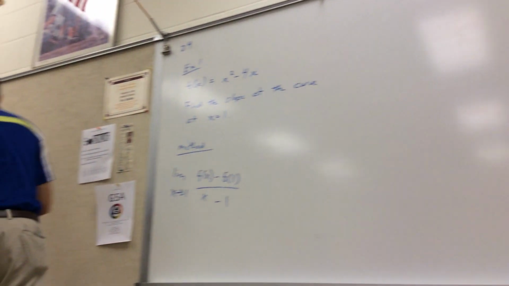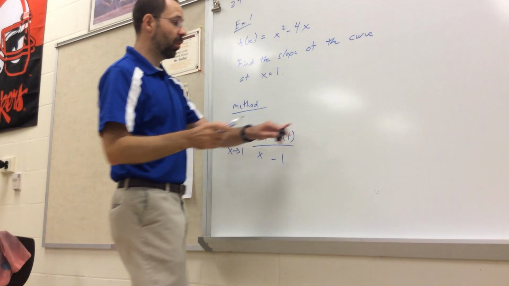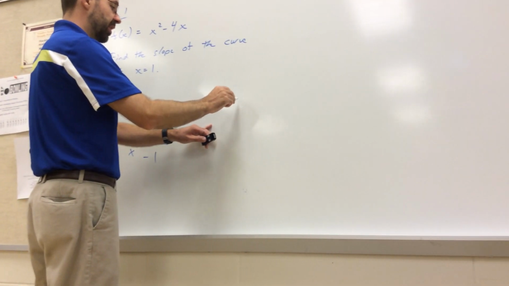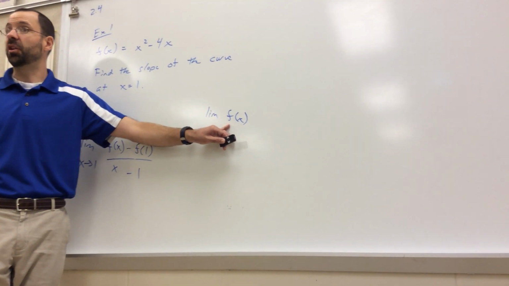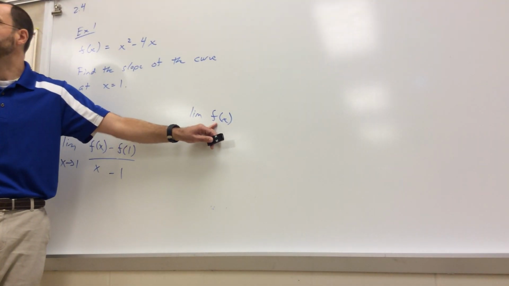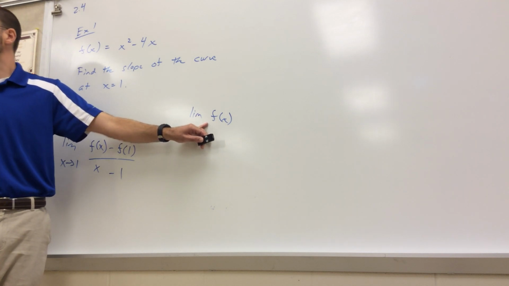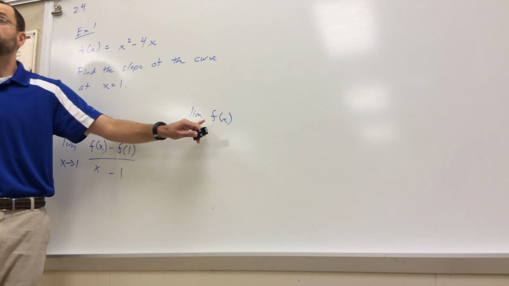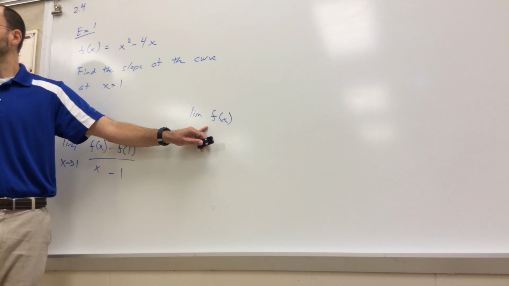Now before I go on here, I need to make sure that you understand that before today, we were always calculating the limit of f of x, the limit of the y values. And you do this when you're trying to figure out if a function is continuous, or if there's a vertical asymptote or a horizontal asymptote.